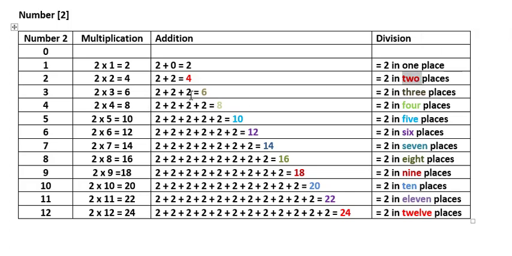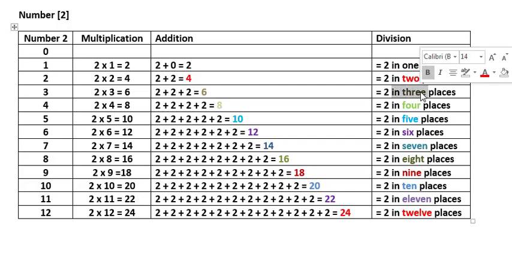So we come here also to 2 times 3. 2 in 3 places, that is 6. If we come to the addition part, we can add 2 plus 2 plus 2 to give us 6. If we come to the division side, if we use 2 to divide 6, we're going to have it in 3 places.